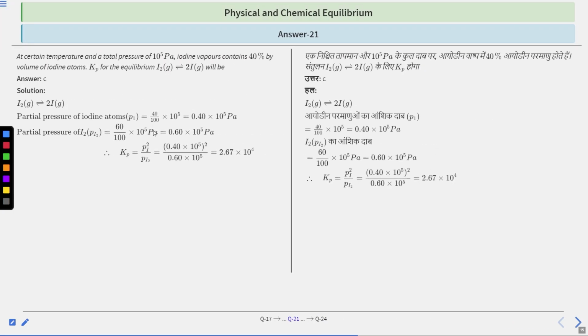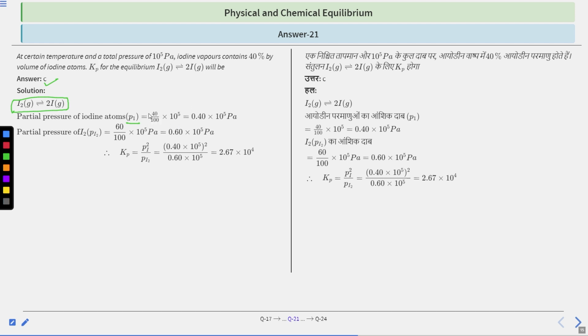Okay, so the correct answer is option C. We have this conversion from I2 molecule to I atoms. Partial pressure of iodine atoms is P of I, let's suppose. So it will be equal to 40 divided by 100, because 40% by volume of iodine atoms is present, into 10 to the power 5, because the total pressure is 10 to the power 5.